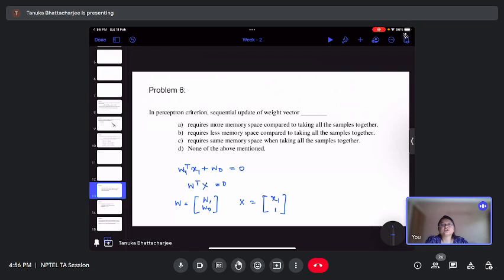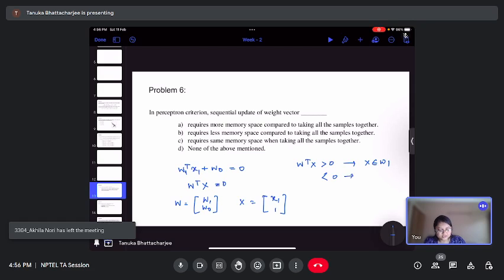When you have W transpose X greater than 0, then X is an element of class omega 1, and when it is less than 0, it is an element of class omega 2. Now what we do is we take the x samples from class omega 2 and multiply those by minus 1. Earlier this W transpose X was supposed to be less than 0.